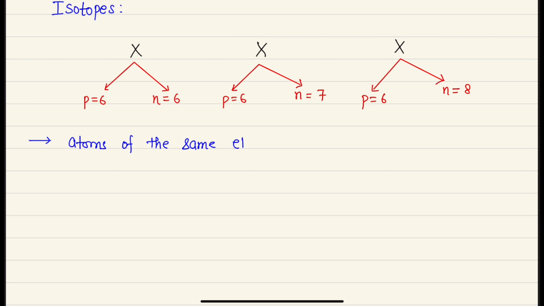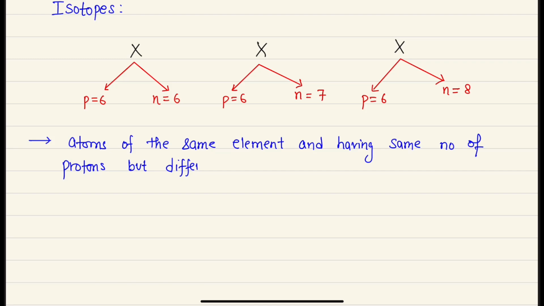So atoms of the same element and having the same number of protons but different number of neutrons are called isotopes.